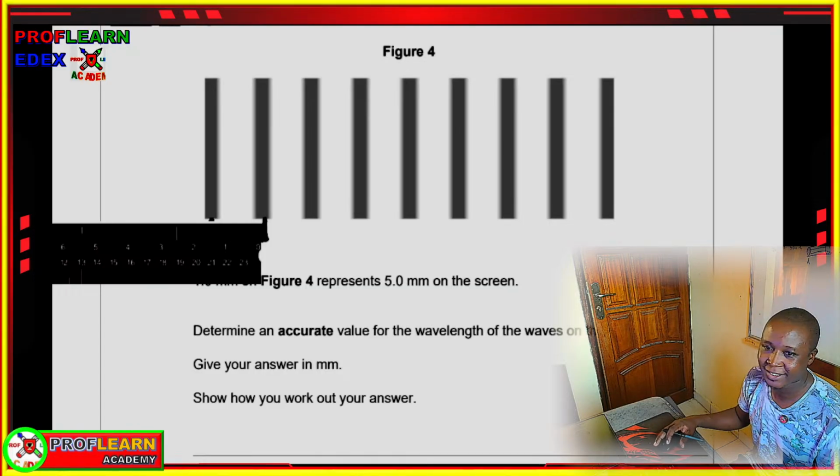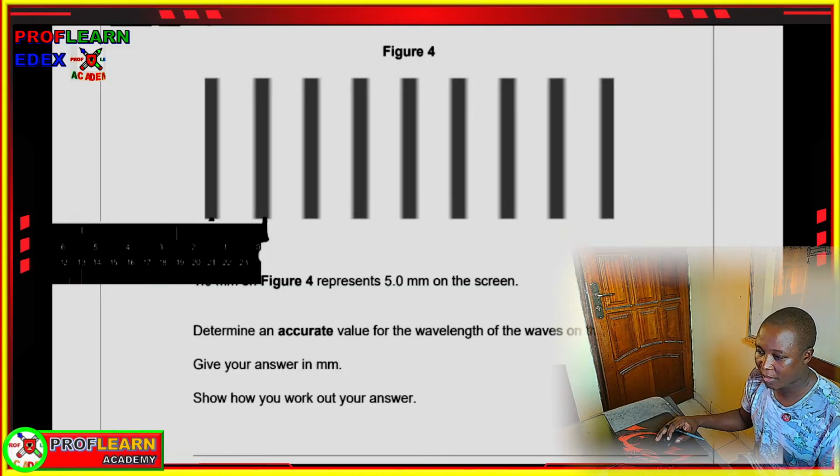Some guys are saying it's not visible, so let me use a different one so that we can see how you can take those measurements.